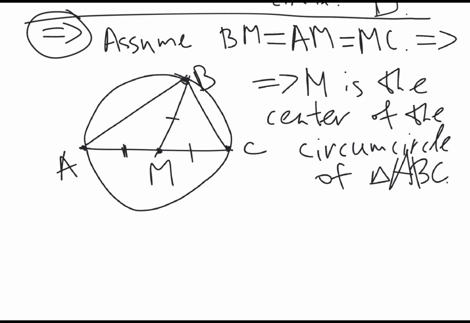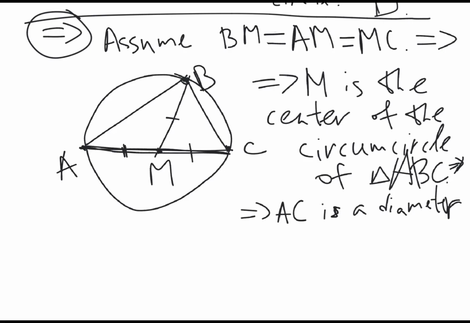Since it's the center, AC is a diameter of this circle because the center lies on this chord. A chord that passes through a center is a diameter.